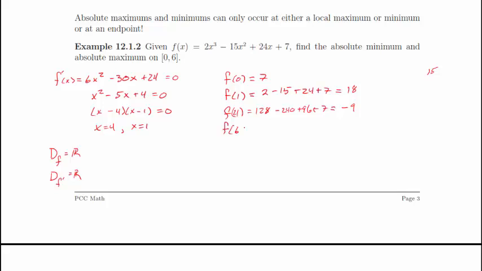And then f of 6. This is even more fun to calculate. 6 cubed is 216, times 2 is 432. 6 squared, 36 times 15. I'll show you how I'm doing this in my head real quick.